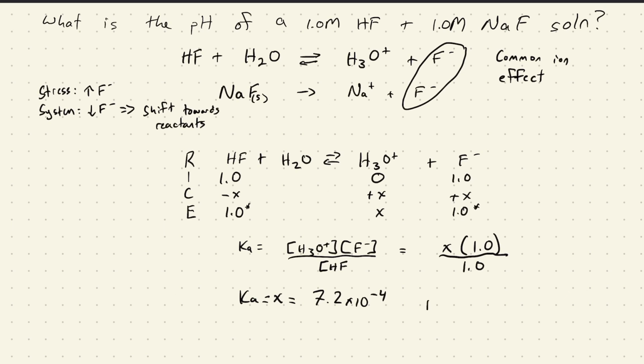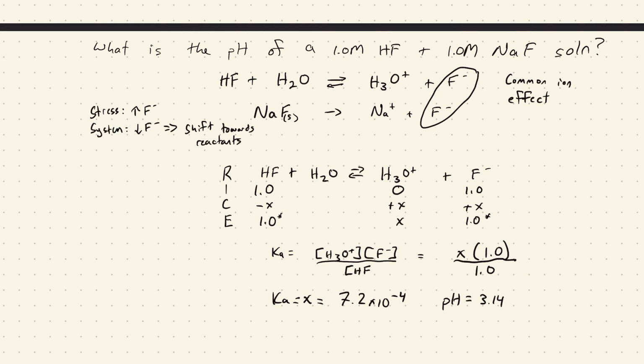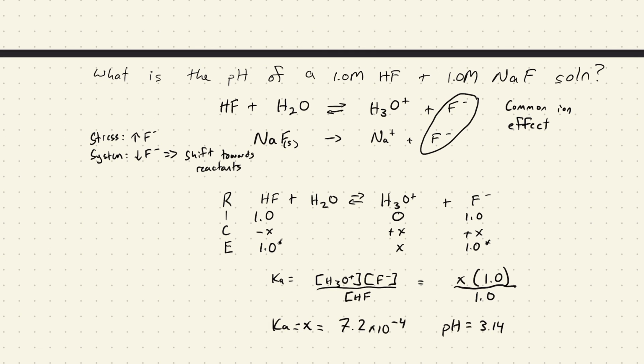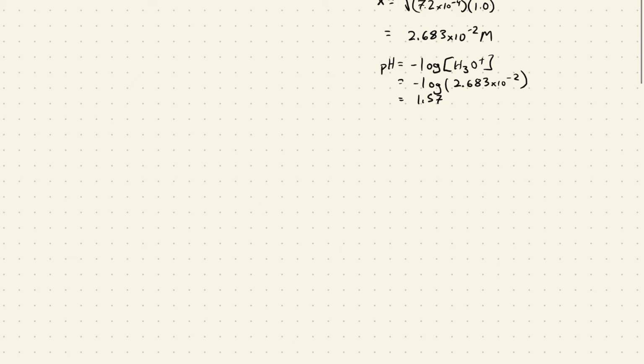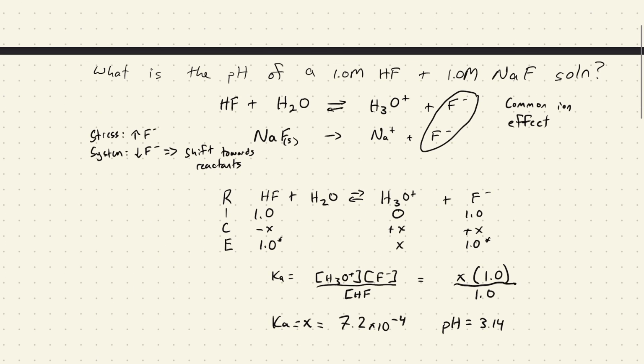So the pH of this solution is 3.14, which is exactly what we thought would happen, right? We said that increasing that concentration of fluoride ion should decrease the concentration of hydronium ion at equilibrium, which it has, 7.2 times 10 to the minus 4 versus 2.683 times 10 to the minus 2, and thus increasing the pH.